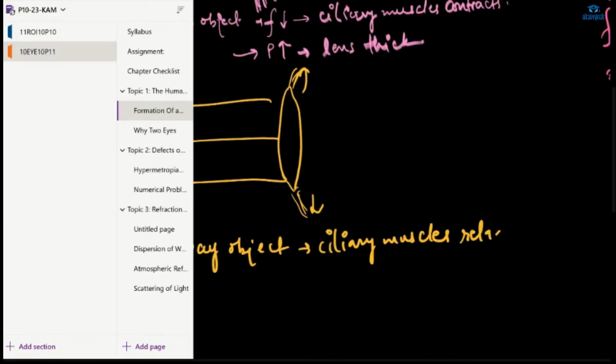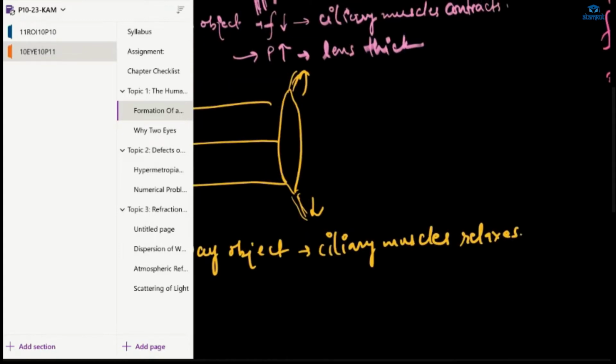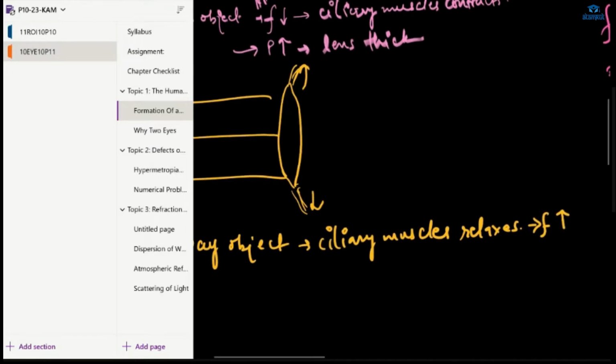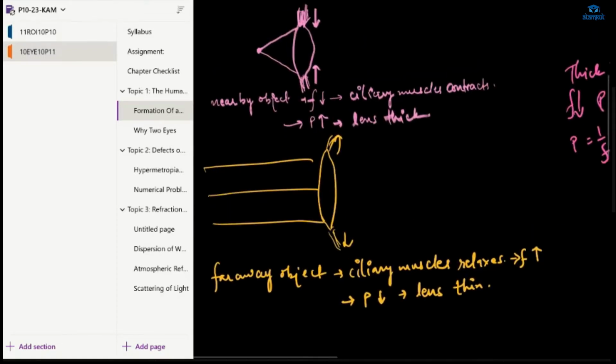It relaxes. The curvature of the eye lens becomes small, which means the focal length will increase and hence the power will decrease, and the lens will get thin. Okay, fine. Is it clear? Both of you say yes. Yes, ma'am. If no, say no.